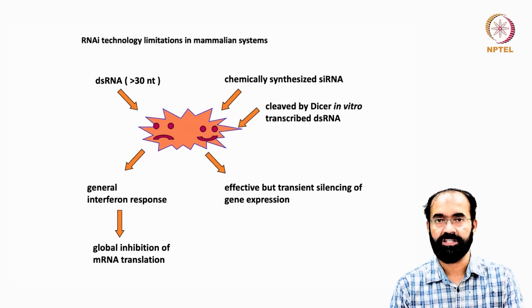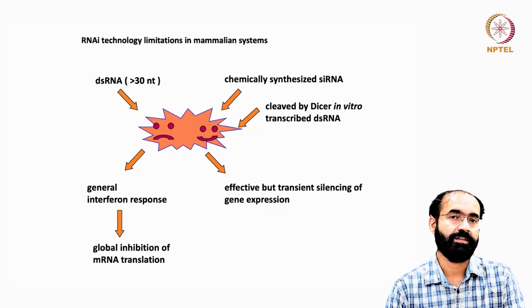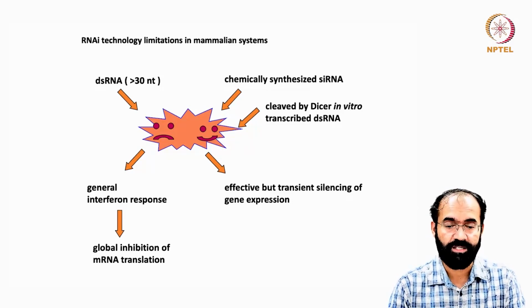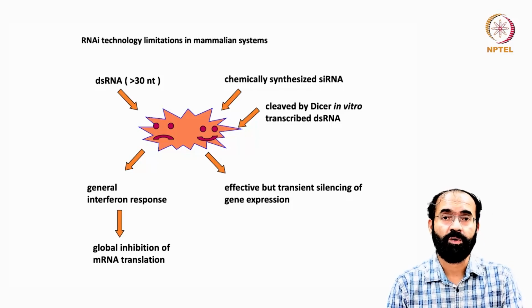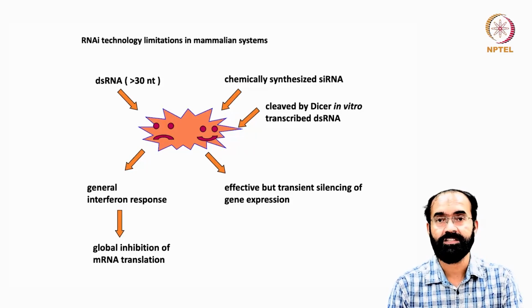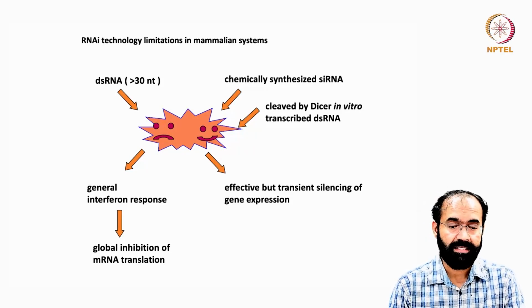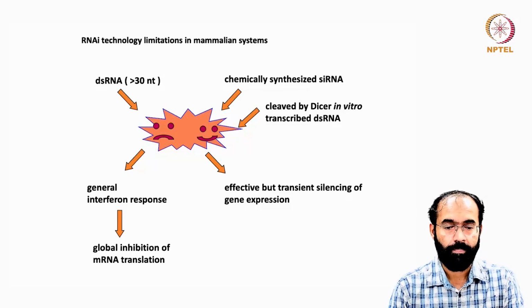So you control the inflation. So there are different strategies. One of them, what I was mentioning, is what governments will do. So the interferon response is triggered if a double-stranded RNA of more than 30 nucleotides is present in a cell, and then there is a global inhibition of mRNA translation.